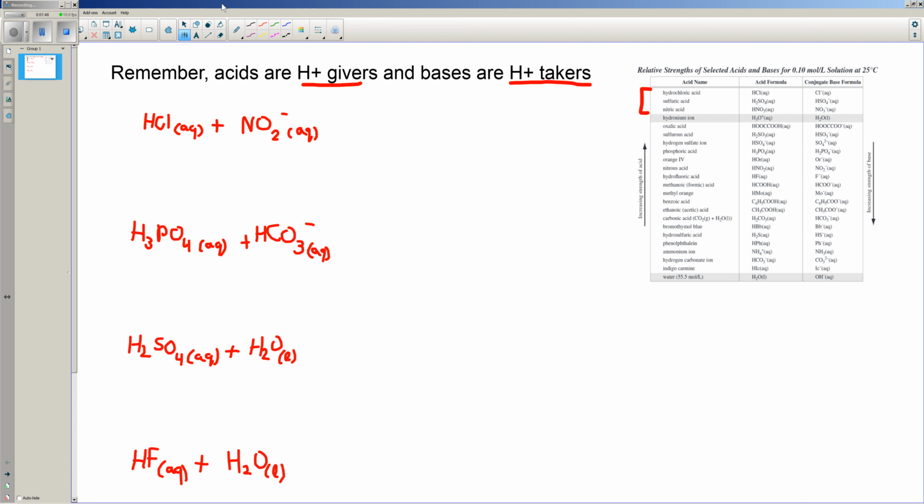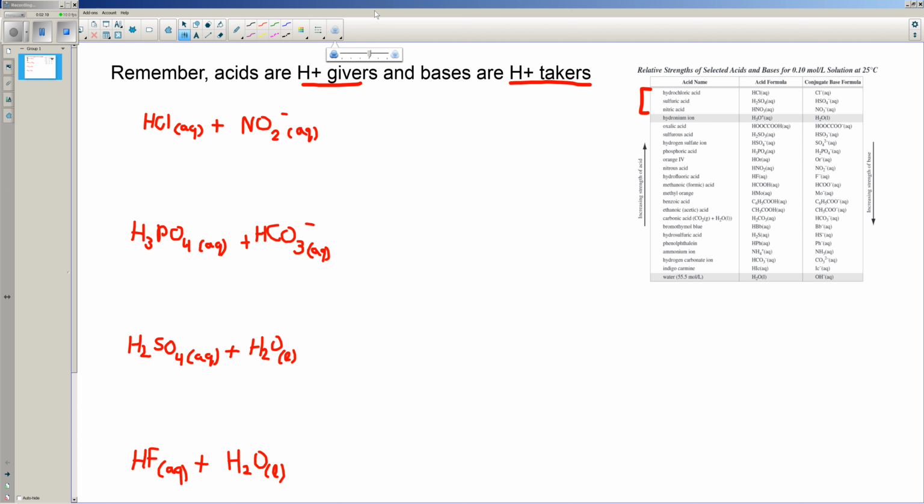It's a donor, a hydrogen donor. And a Bronsted-Lowry base is an H plus taker. So instead of having to keep track of two things, H's and OH's, the cool thing about Bronsted-Lowry is we only have to keep track of one thing, and that is hydrogen ions, which we call H pluses, or protons.